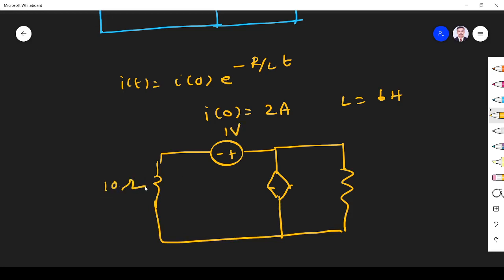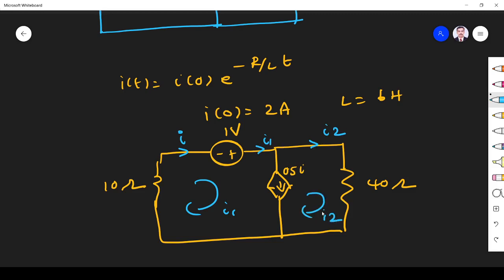This is 10 ohm, this is 40 ohm, this is 0.5 I. Let me assume the current flowing through here is I1, this is I they have given in the problem, so this is I1. Let us assume the current flowing through this branch is I2. So this is I2.